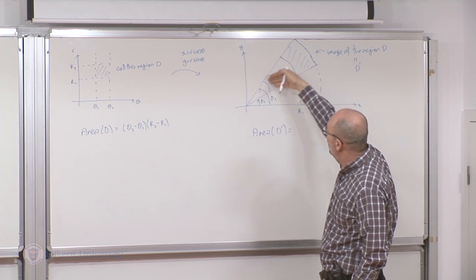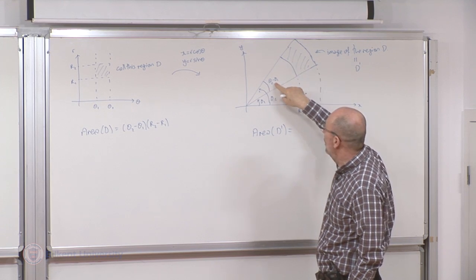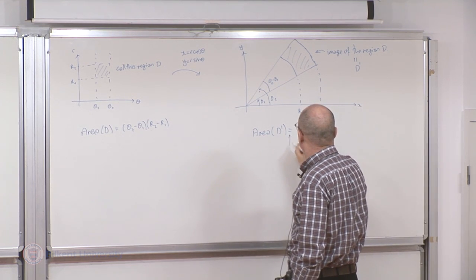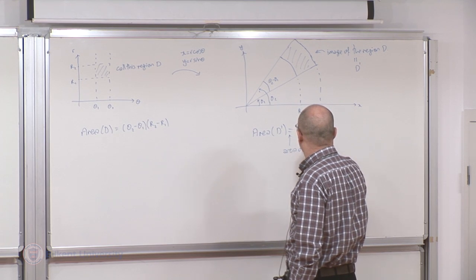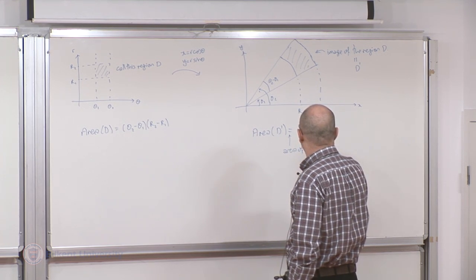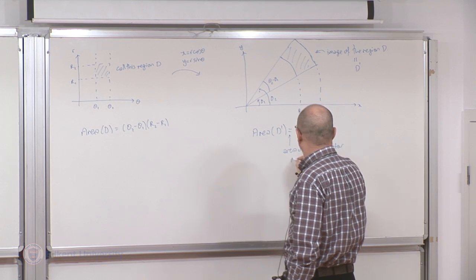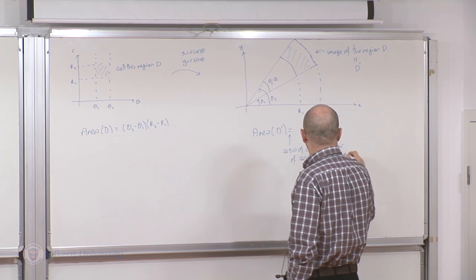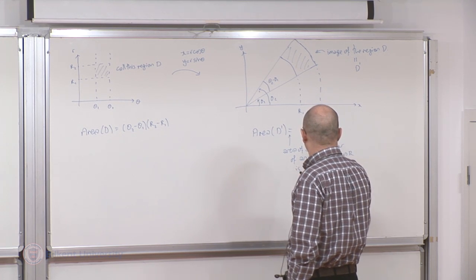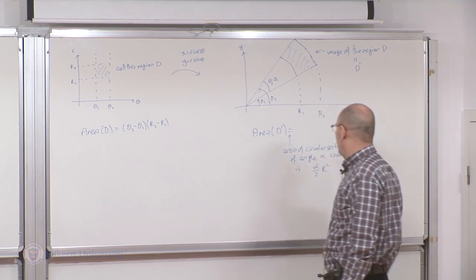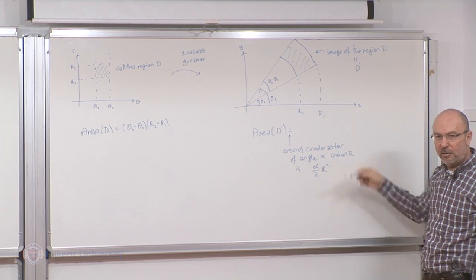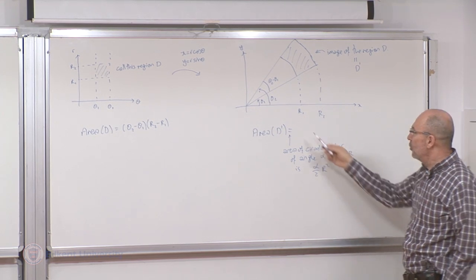From that we subtract the area of this sector, which is angle over 2 multiplied by radius squared. Here I am using that the area of a circular sector of angle alpha and radius r is alpha over 2 r squared. You check if alpha is 2 pi, you get pi r squared, the area of the full circle.